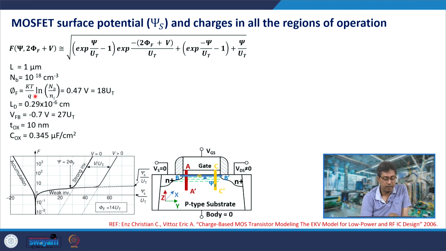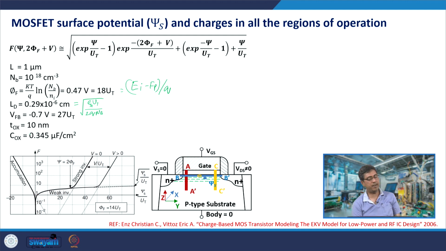Phi f is the difference between E i and E f p, so this is the value of phi f, and L d is the Debye length. We had defined it this way, and we had discussed this in the previous lecture. With these values, when you calculate, you will find it to be 2.9 nanometers.